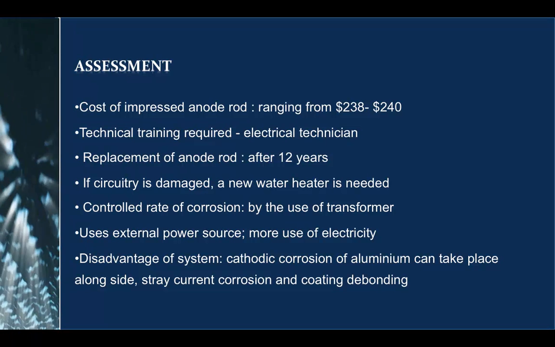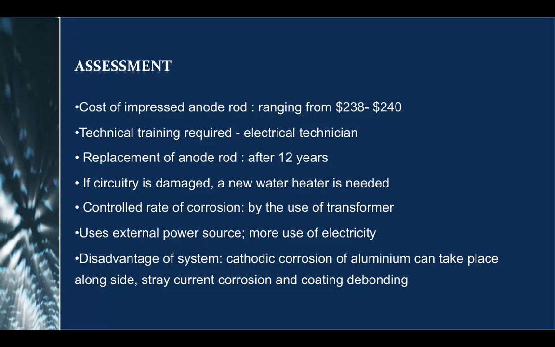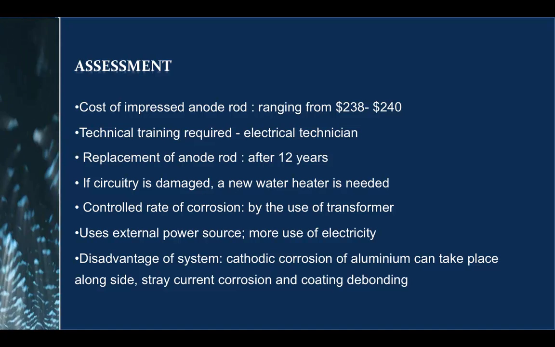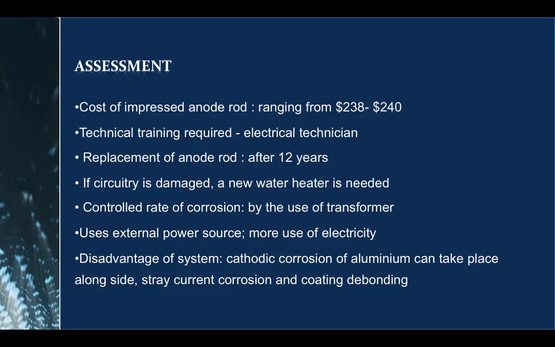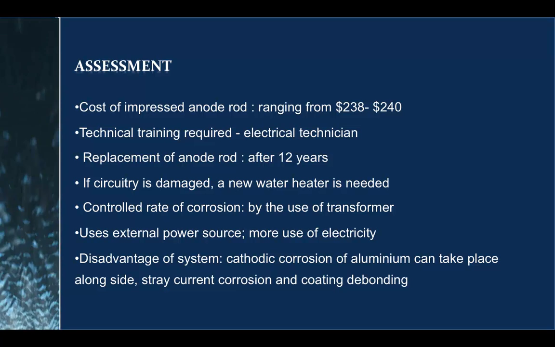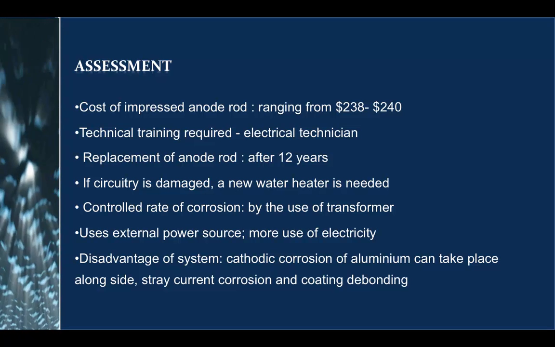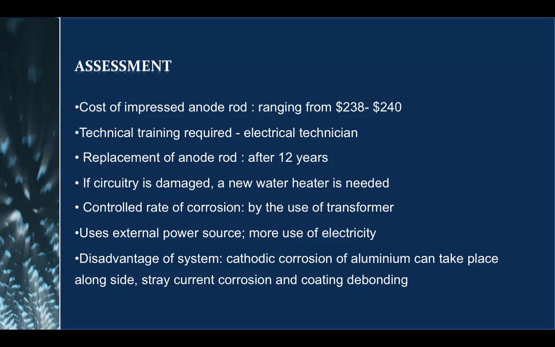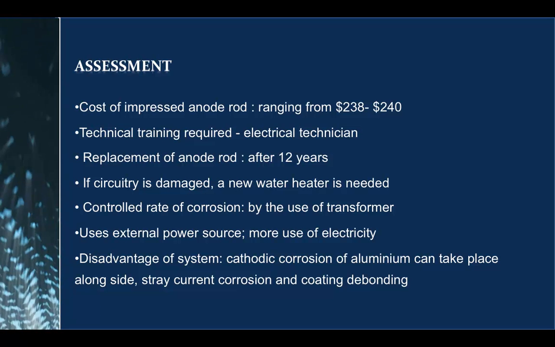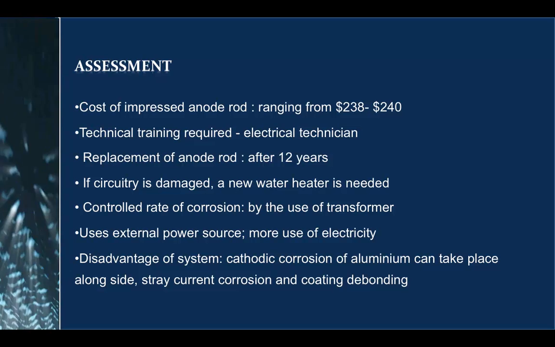Assessment. The cost of the impressed anode rod ranges from $238 to $240, and technical training is required, as an electrical technician is required to change the anode rod or even the circuitry. Replacement of the anode rod is after 12 years, but if the circuitry is damaged, a new water heater is needed.